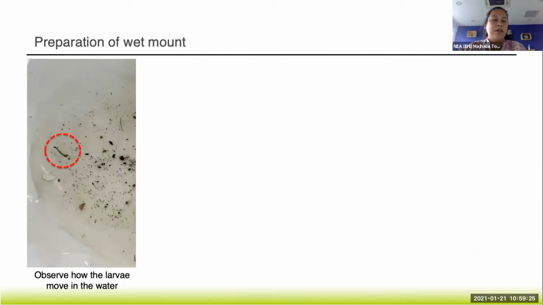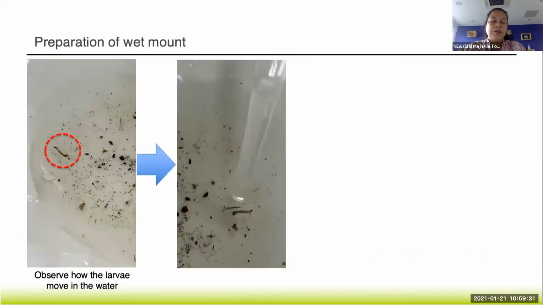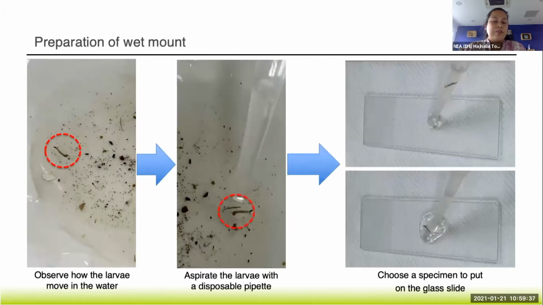So this is one L4 or fourth instar larvae. And then after watching them, you can aspirate them one by one. Then you can put on the slide. Make sure that you're careful when you're putting on the slide so that you don't push it out too fast, so that the water will not spill over onto your absorbent material along with your sample. You may lose your sample that way.